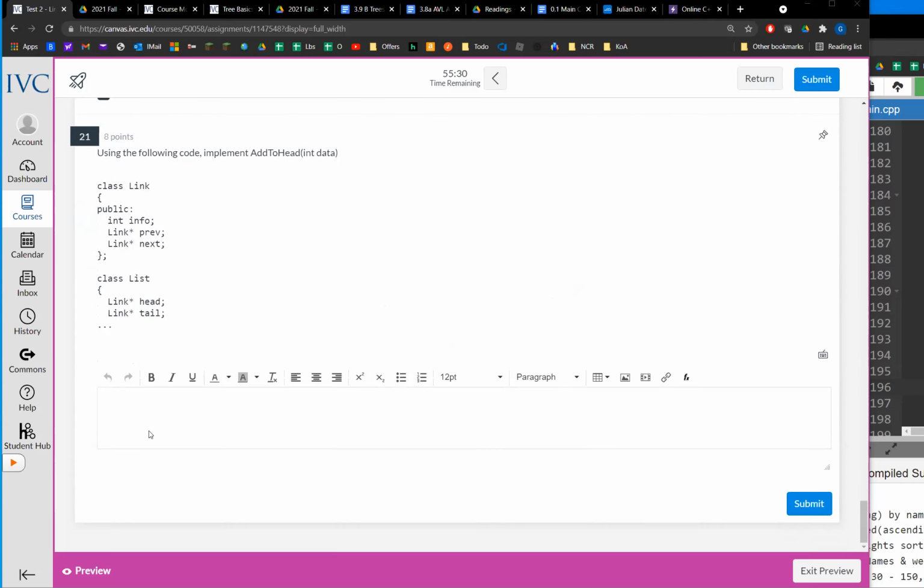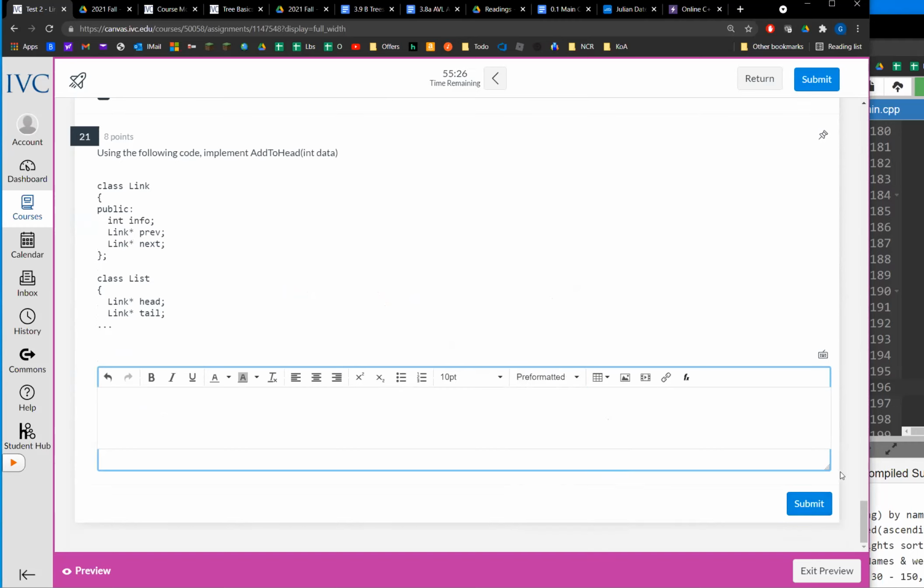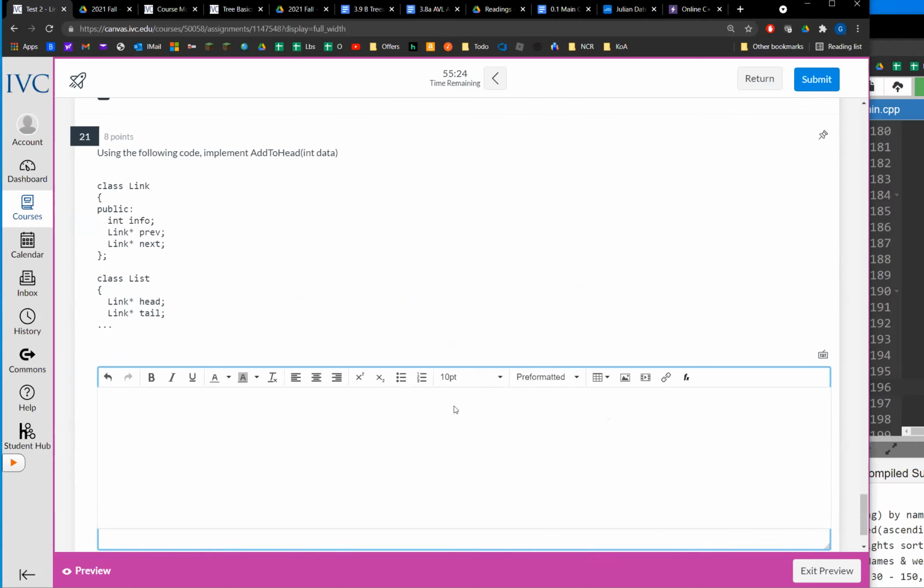And lastly, some code. What are we doing here? Add to head. All right, so link star n equals link. Seems a little small.